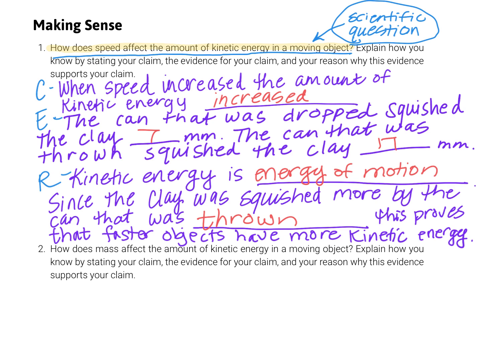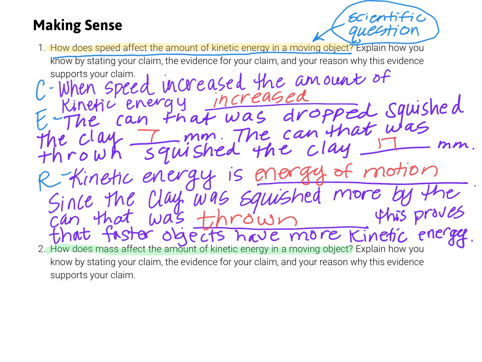Now you're going to use the first example as a model to do the second question. This question is very similar. So you are going to answer the question, how does mass affect the amount of kinetic energy in a moving object?